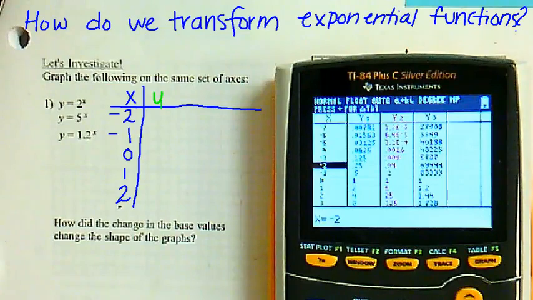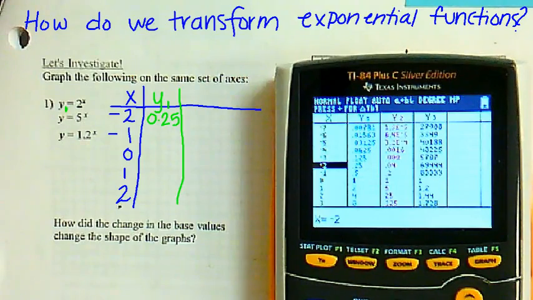Okay, so I'm going to call this y1. So we'll say y1. Alright, so this is 0.25. And again, I'm getting these right off of the calculator.